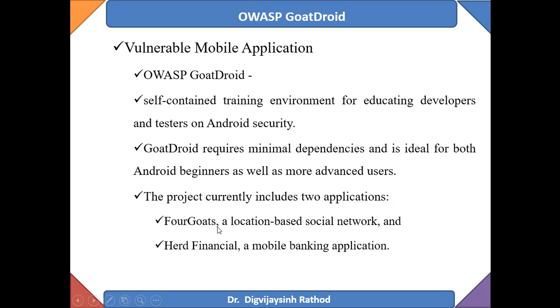One is the Herd Finder, and this application is a location based social network application, obviously developed intentionally for specific vulnerabilities. And the second one is called the Herd Financials, and this is a mobile banking application, and obviously it is meant for if somebody wants to know what kind of vulnerabilities you can expect or locate, or write test cases to address vulnerabilities related to mobile banking applications, then you will learn those things from the Herd Financials application.